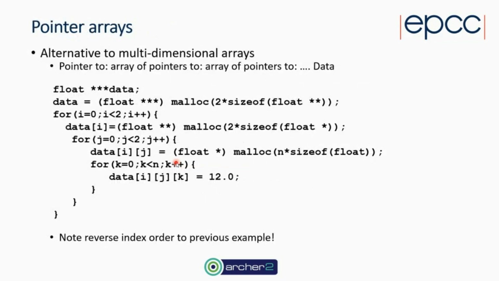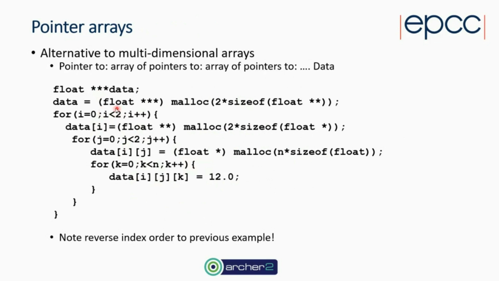And you can do this again with multi-dimensional arrays with pointers. What we're doing here is defining a single dimensional array to hold most of our data, and then creating two sets of arrays of pointers to pointers to do this on the outside.